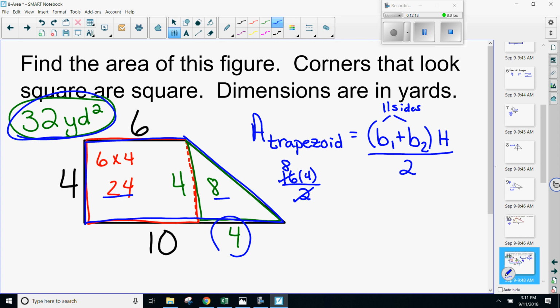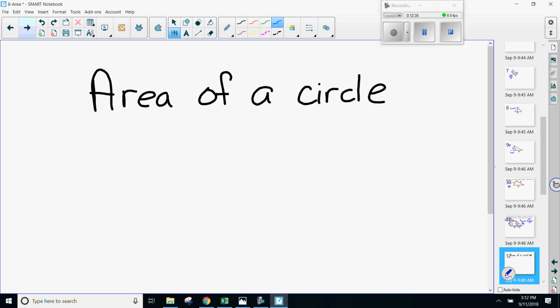I would not take 16 times 4. I would reduce it first. Multiply smaller numbers. You don't have to do a 2-digit and a 1-digit multiplication. You know 8 times 4. 16 times 4, you could do that if you want. If you know that it's 64, that's okay. And half of that's 32. So area of a trapezoid, something good to know. Area of a circle, do you know that one?